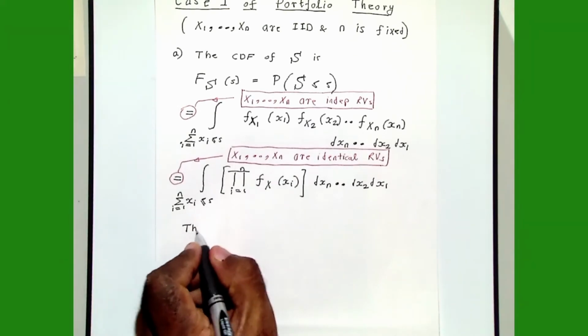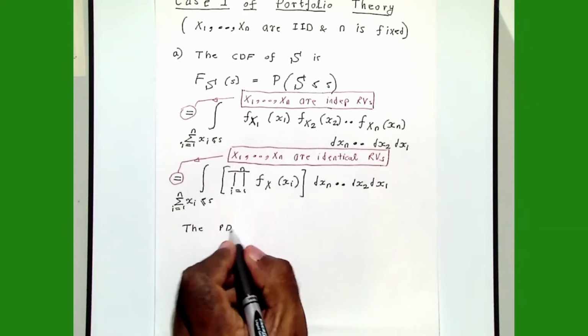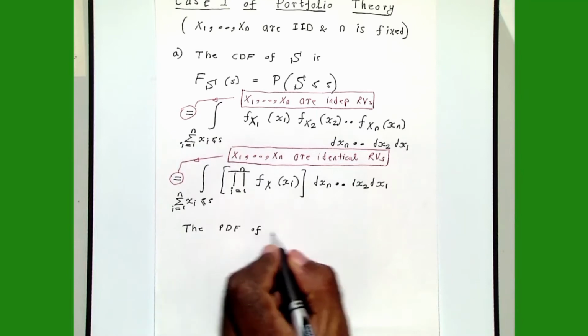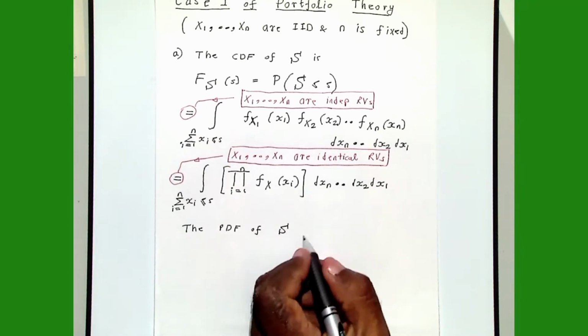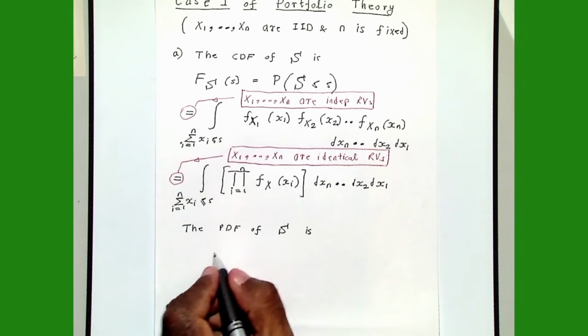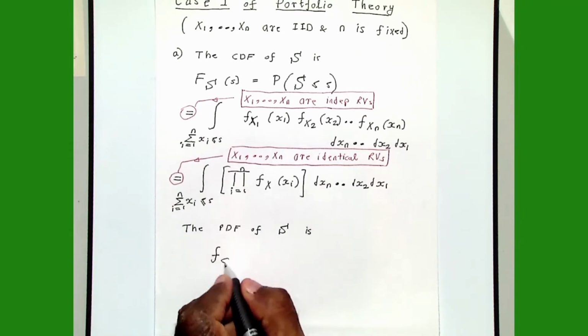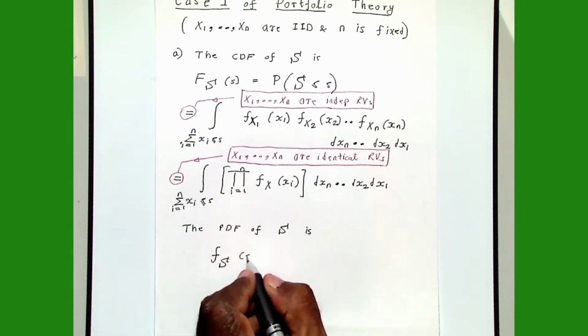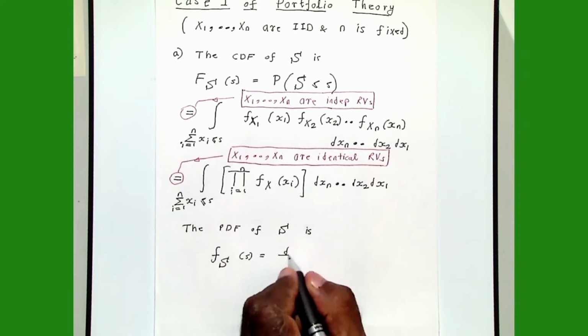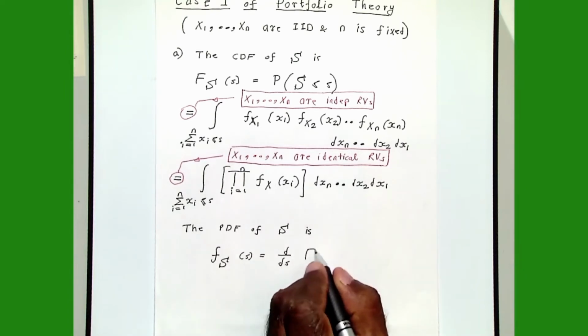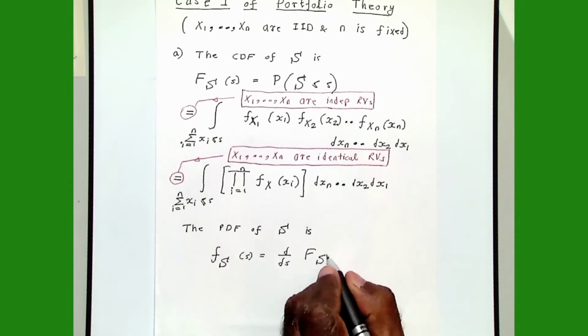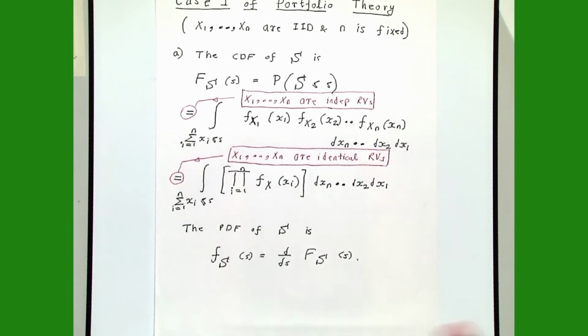Now the PDF of S is simply the derivative of the CDF. So this is the formula for the PDF.